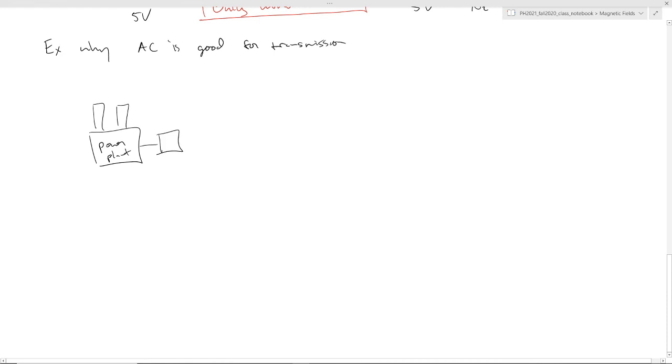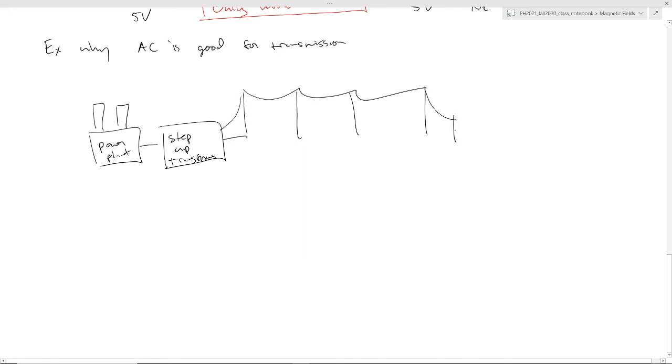You have a step-up transformer, then your transmission line, and then a step-down transformer.